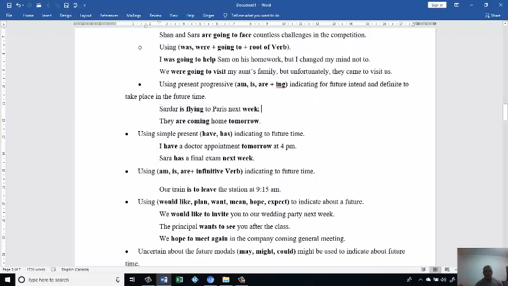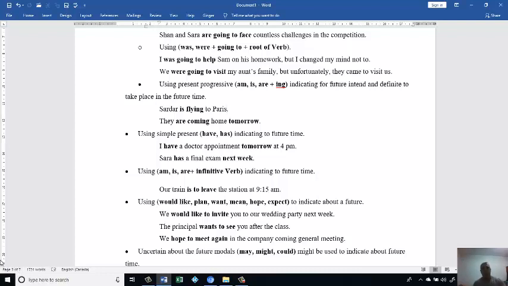The difference between these sentences as present progressive: if I don't have this time frame, this adverb of time, it's not going to be future, it's going to be present continuous.